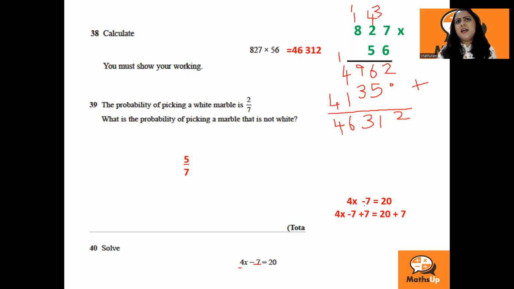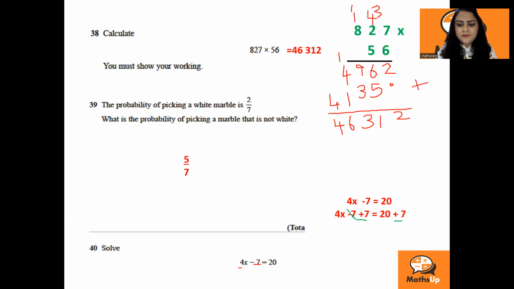But this is an algebraic equation. An equation is like a balance scale. So if you do something to one side, you have to do the same thing to the other side as well. Therefore, if you add 7 to this side to cancel minus 7, you have to add 7 to the other side as well.